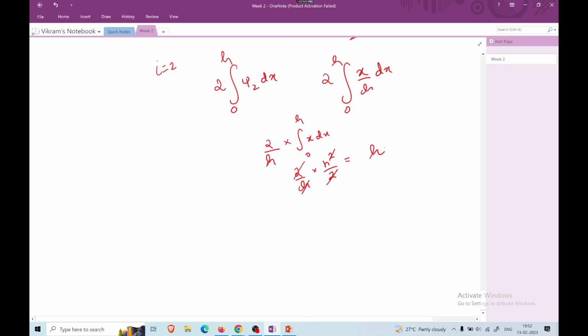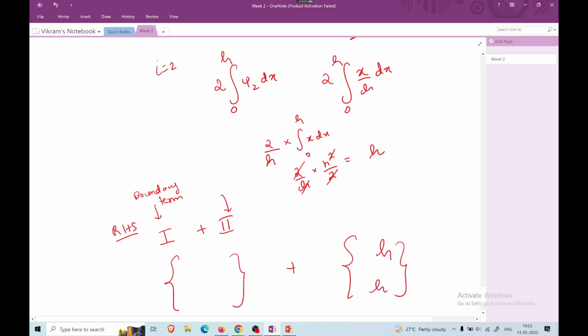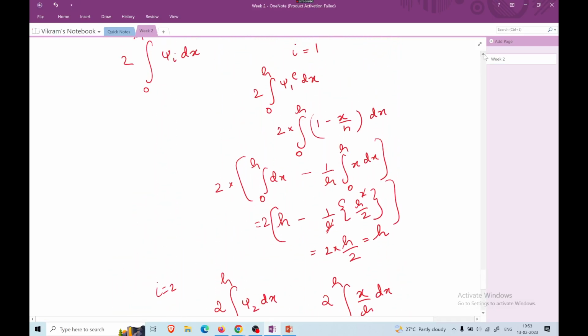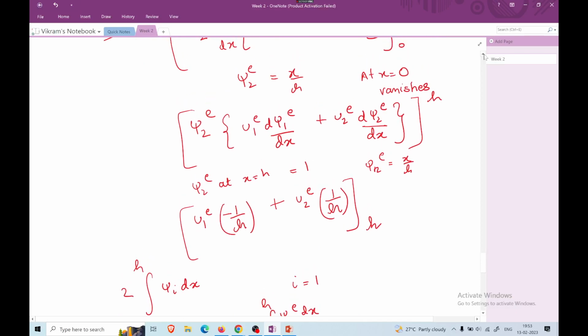So which means the RHS we have divided into 1 plus 2, the boundary term, and let us say this is the non-boundary term. So this is h, this is h, correct? And what was 1? This whole thing.